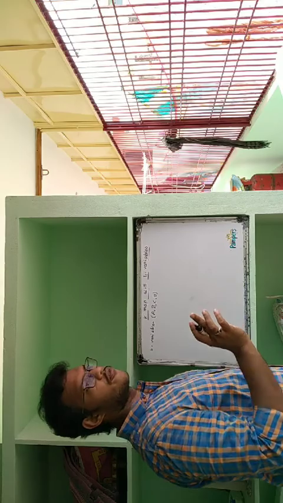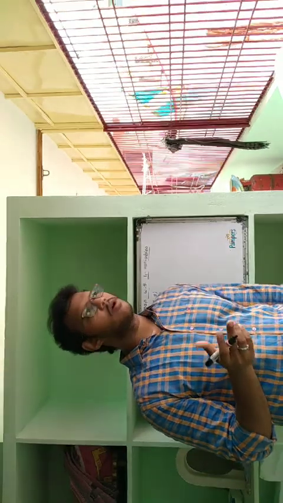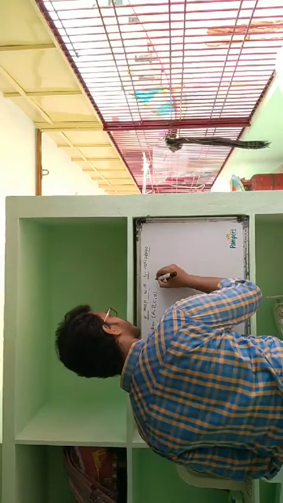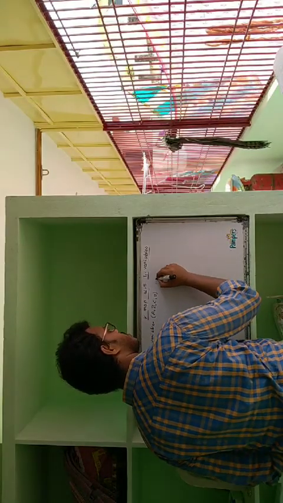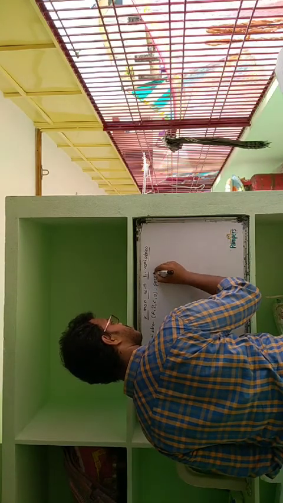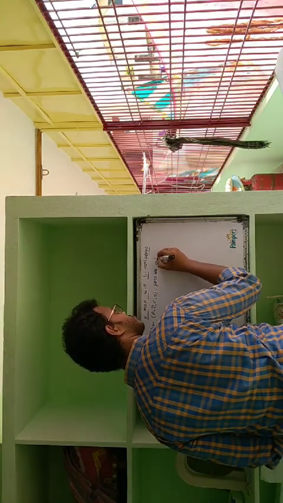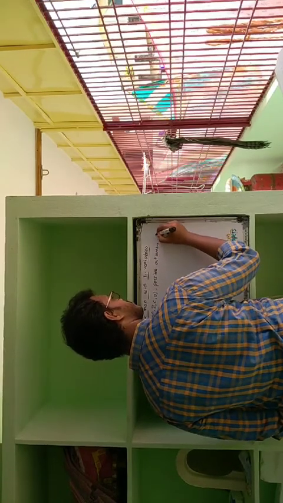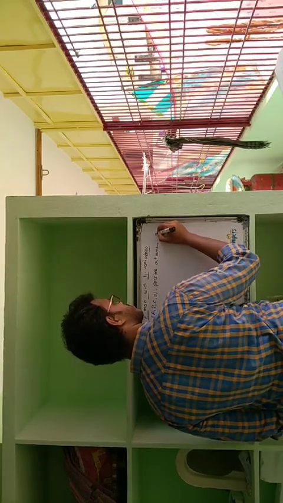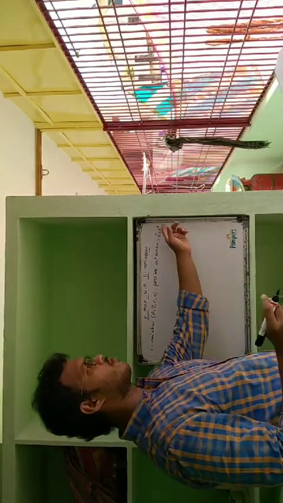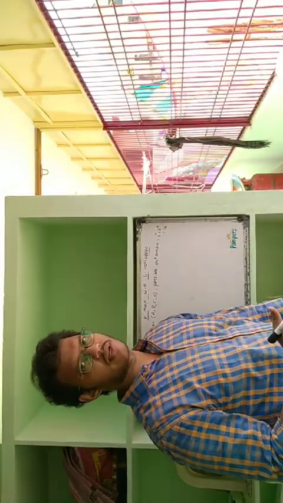If we have 4 variables, how many possible outcomes are there? 16, right? So 2 power 4 is 16, so 0 to 15.